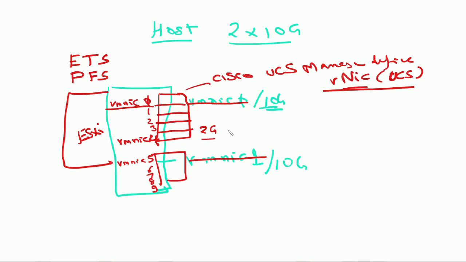Now again, you have many options, and this is a really good way of doing it if you have access to UCS and CNAs, converged network adapters, because they also pass Fibre Channel traffic over FCoE.